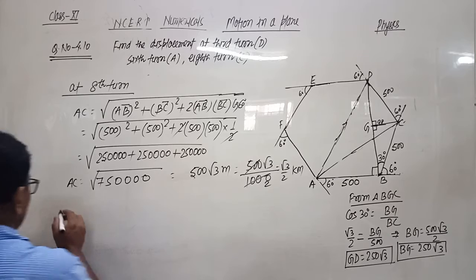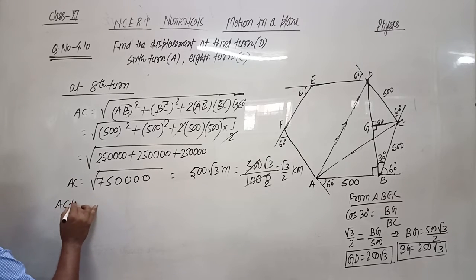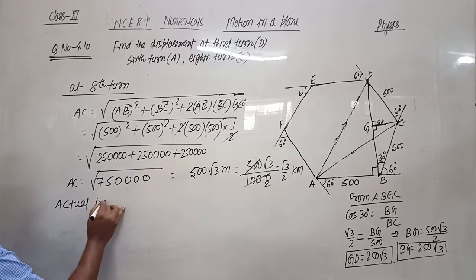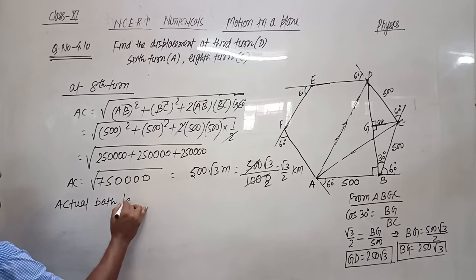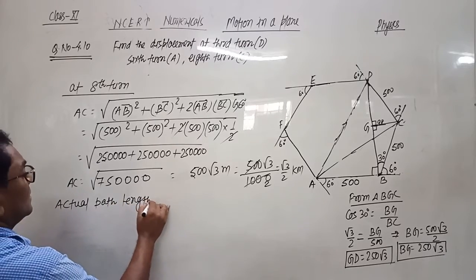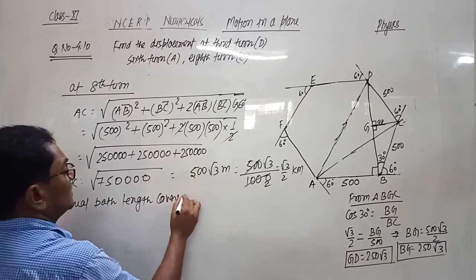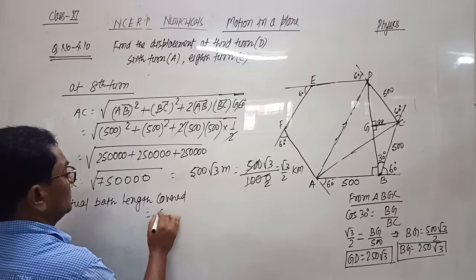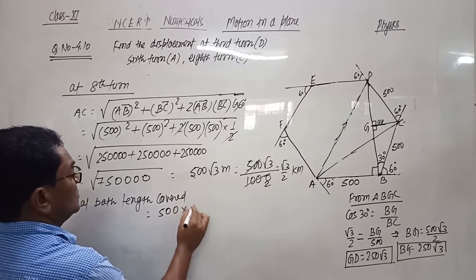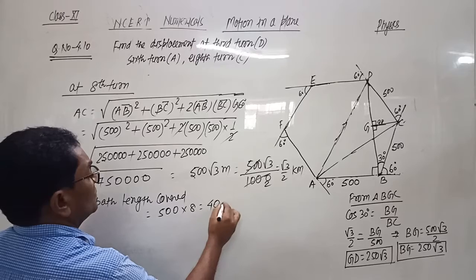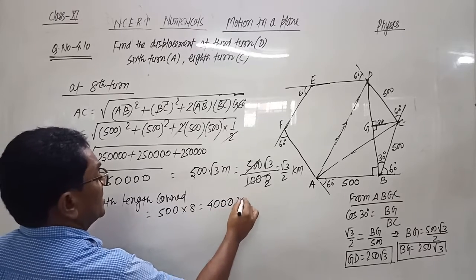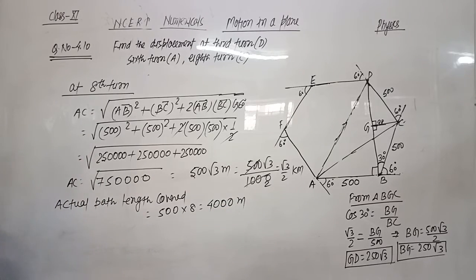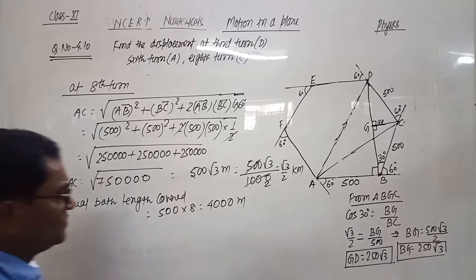The actual path length covered is equal to 500 into 8, which means 4000 meter. This is the actual path length covered by the particle. 4000 meter means 4 kilometer.